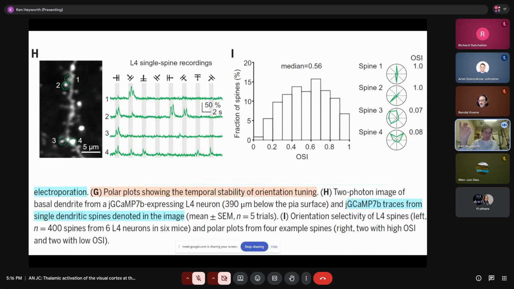And a dot is not going to care which direction these gratings are going. They should pulse every single time that the grating goes past. And what they found is that none of these spines that they were looking at with this calcium indicator was showing that, which is astonishing.